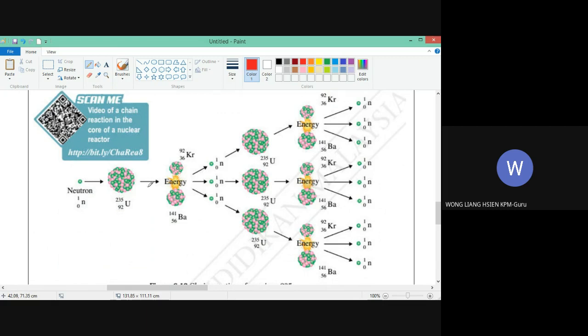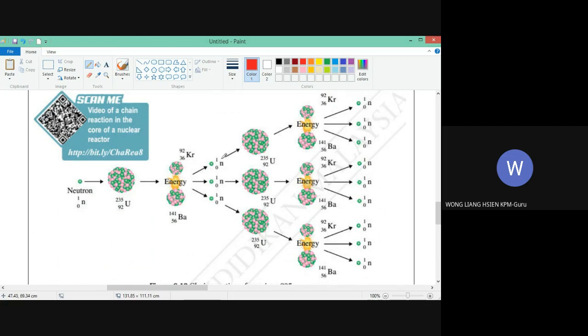The 235 absorbs one neutron, becomes 236, and then immediately the 236 splits into 2 daughter nuclei. In this case, it's krypton and barium. When it undergoes fission into krypton and barium, at the same time 3 neutrons are released.